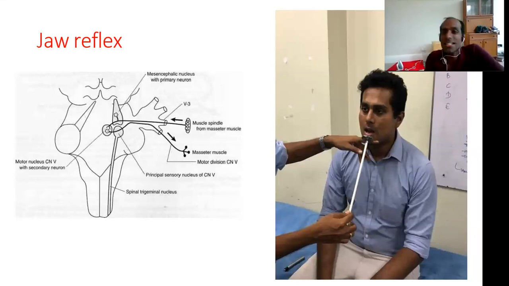The jaw reflex is usually not present. It's very difficult to elicit in a normal person. So if you actually get the jaw reflex, that means it is pathological. We'll talk about the jaw reflex later, right? So you need to do it very carefully: strike at a 90-degree angle to the masseter muscle and observe the closing of the jaw. If you get the reflex, that is a pathological response, because usually you don't get the reflex.